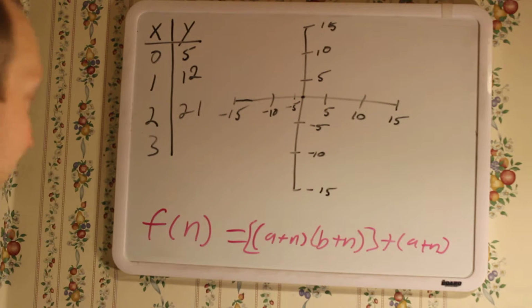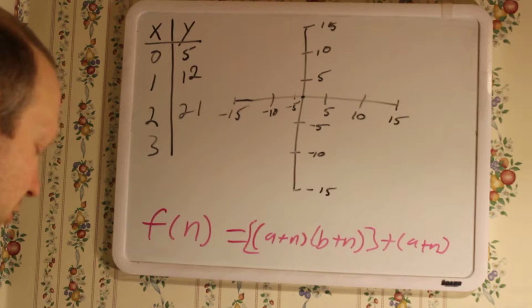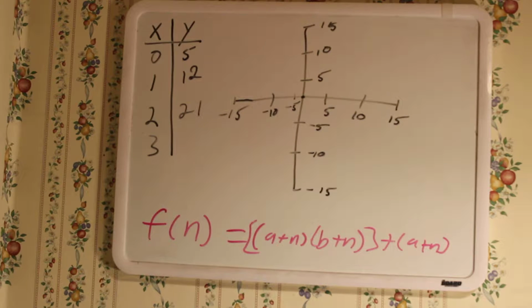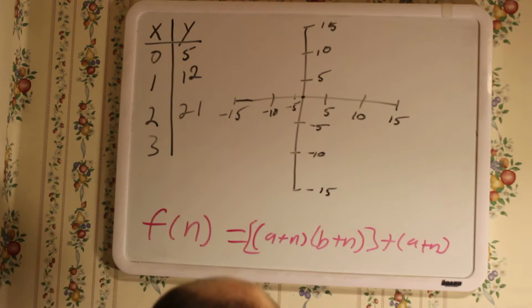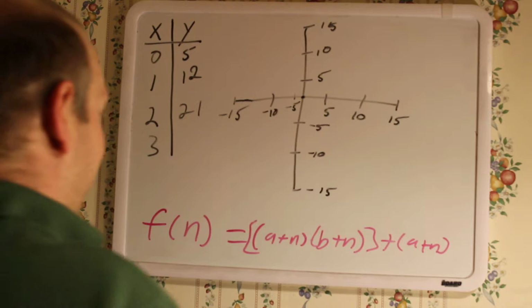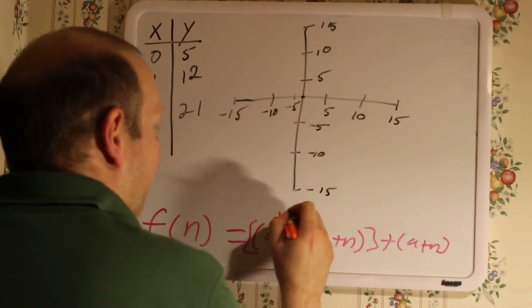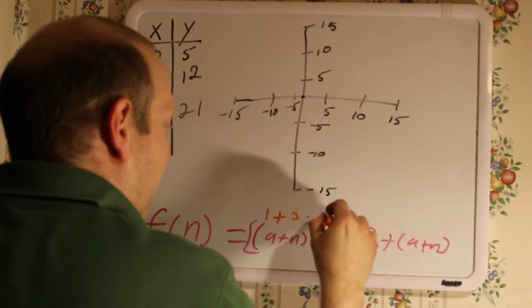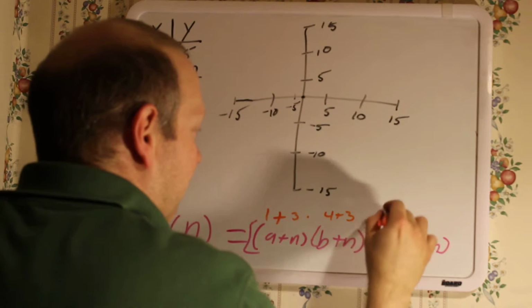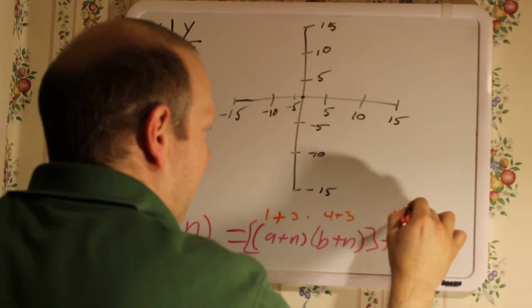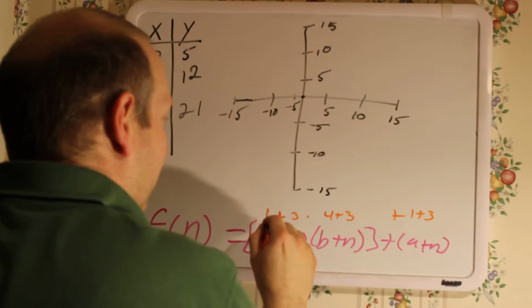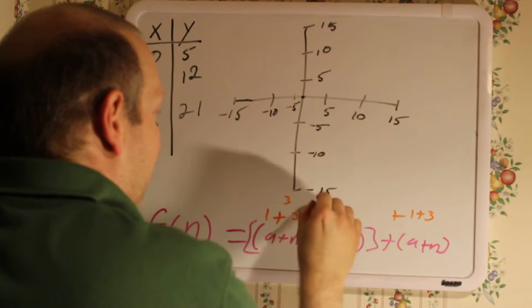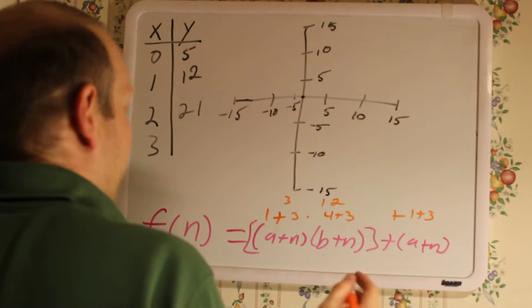If we put 3 in, we'll work that one out real quick. You're going to get 1 plus 3 times 4 plus 3 plus 1 plus 3. So that's going to be 3 times 12, which is 48.